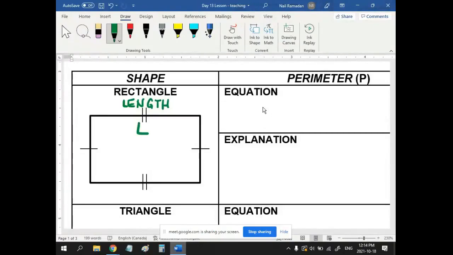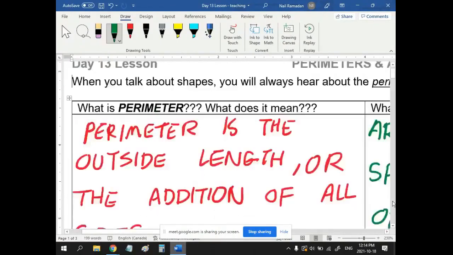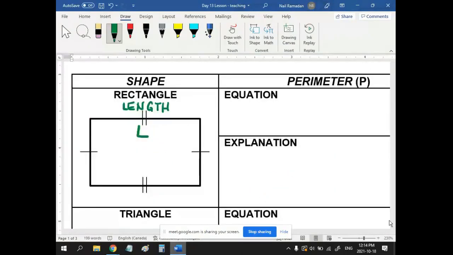So if this one's length, what's the other one? Width, W-I-D-T-H. And the symbol would be, by the way, I tend to use capital letters. I find them easier to write. Capital W. This is also another length, and this is also another width.